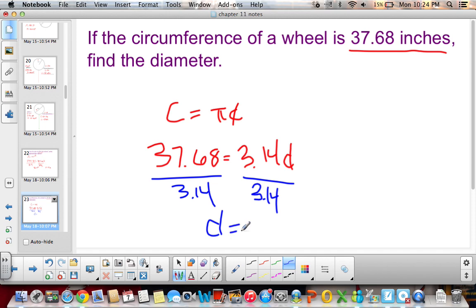So 37.68 divided by 3.14 equals 12. So the diameter is 12 inches.